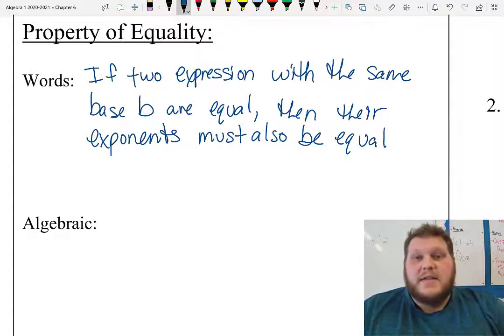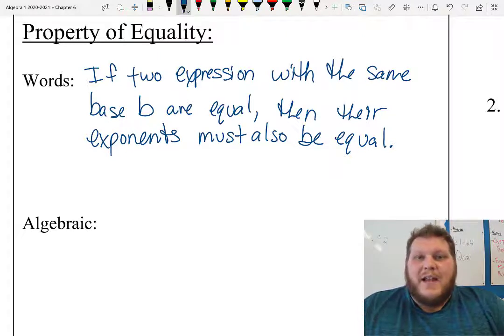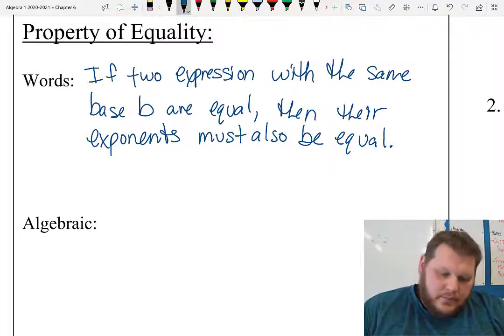So we have 2 things that are set equal to each other that have the same base. In order for that equation to be true, their exponents must be equal to each other.